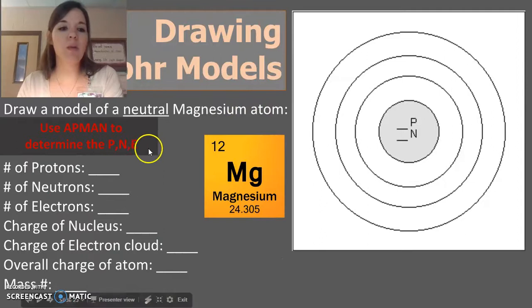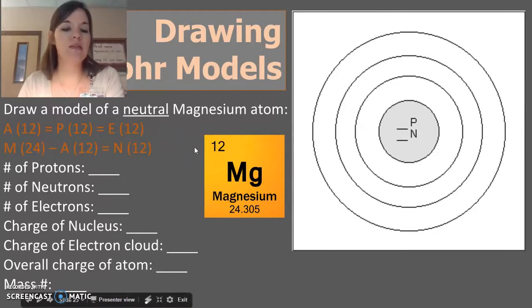So drawing Bohr models. Let's take magnesium for example. We're going to draw a neutral atom of magnesium. That means it will have the same number of protons as electrons. In a neutral atom of magnesium, the protons is always equal to the atomic number.